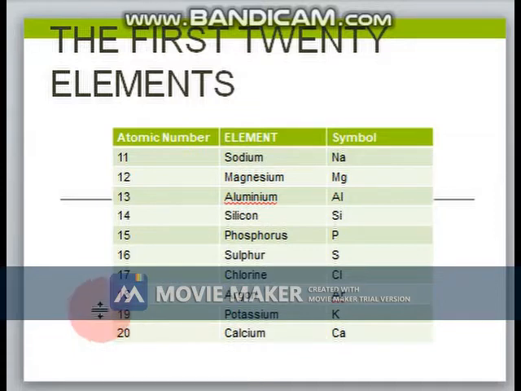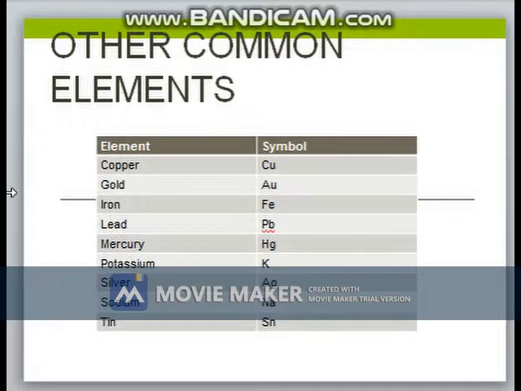Now, notwithstanding that, there are other elements which may not be part of the first 20 elements, but are used regularly, and we'll be encountering them in our upcoming lessons.